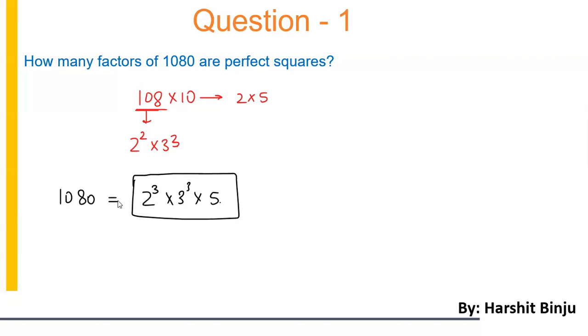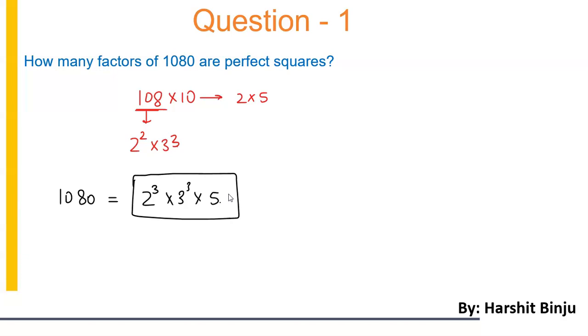So how many factors of 1080 are perfect squares? In this case, I have 2 cube, 3 cube and 5. Now 5 will not help me in giving a perfect square because it has a power of 1 only. I need at least two 5s, so that when I take the square root of 5 square, it ends up with 5.